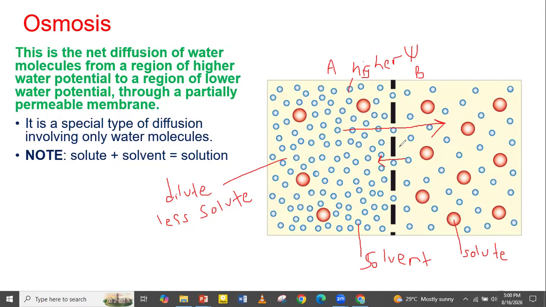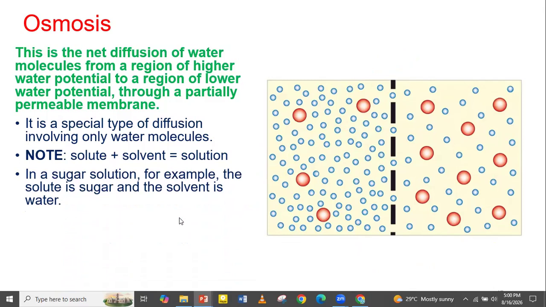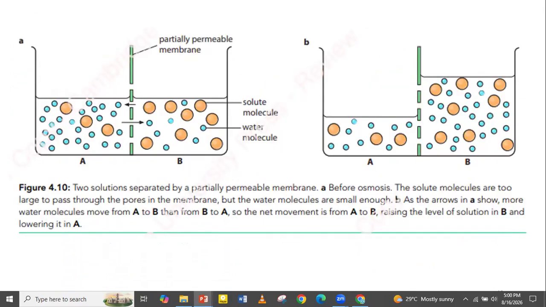So let's look at another example, using this diagram. We have two solutions, A and B, separated by a partially permeable membrane. Whenever osmosis is to occur, we always have to identify which region has a higher water potential and which region has a lower water potential.